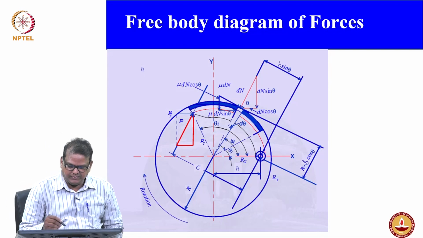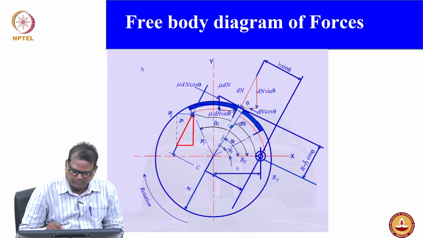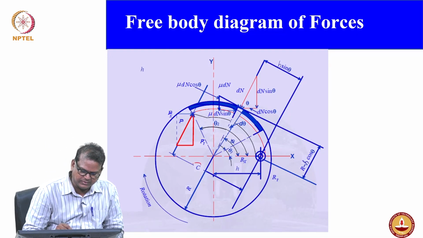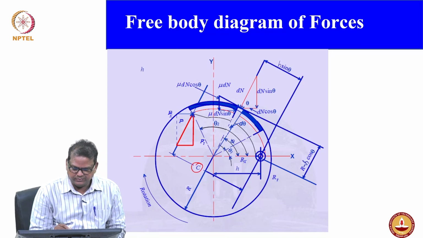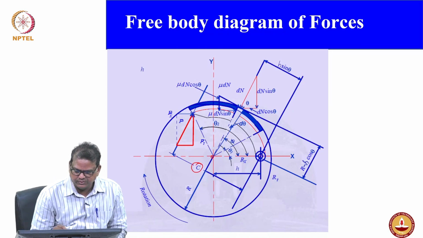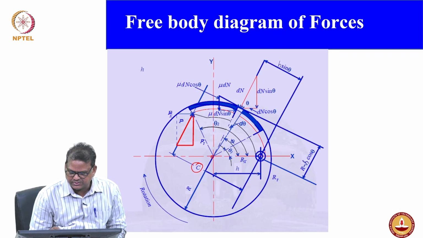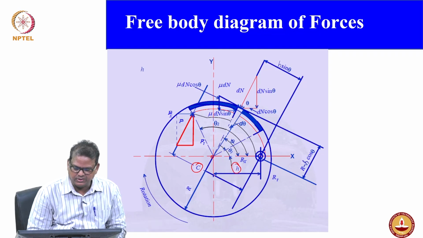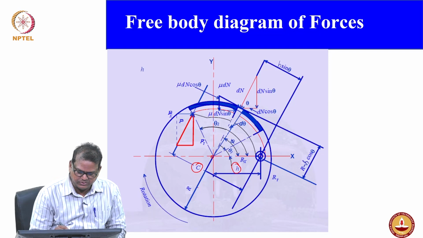You can see the complete information here. From the pivot to where the activation force starts, I have already mentioned the distance. From the center of the drum to the pivot, the horizontal distance h is mentioned. This is the radius of your drum, r.